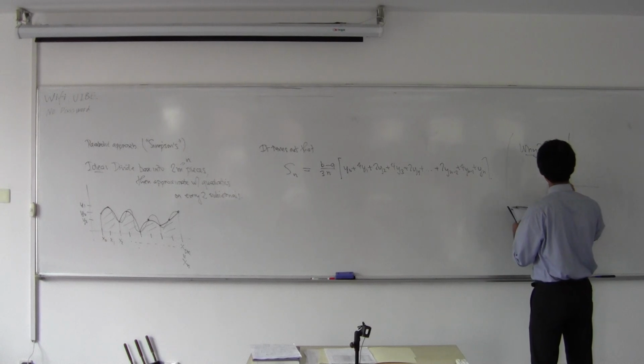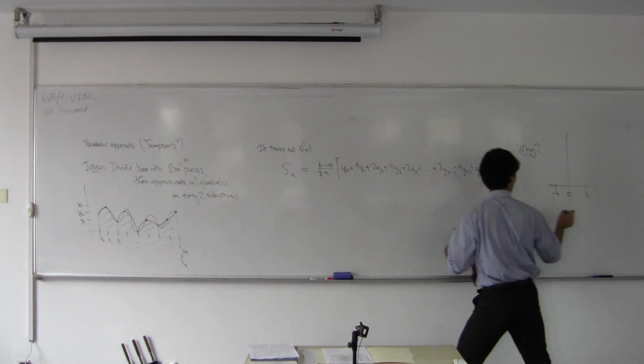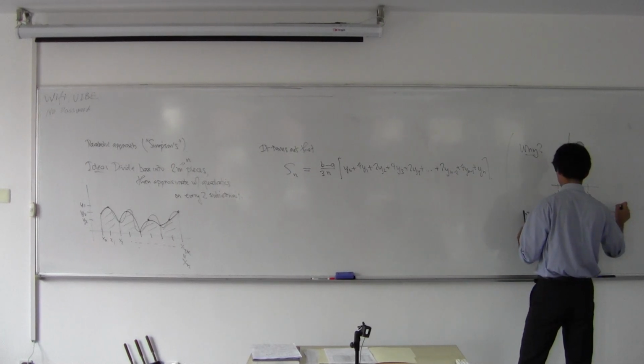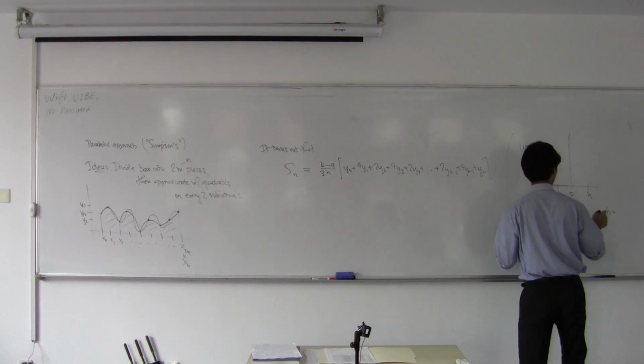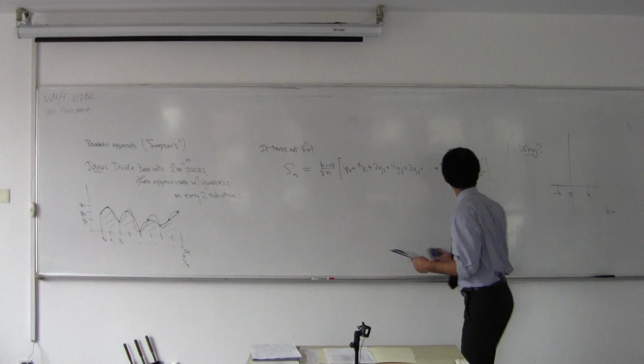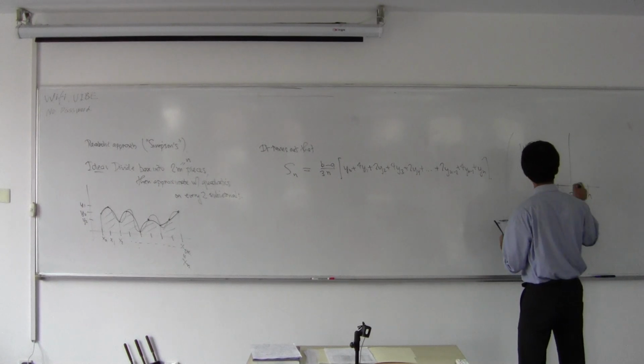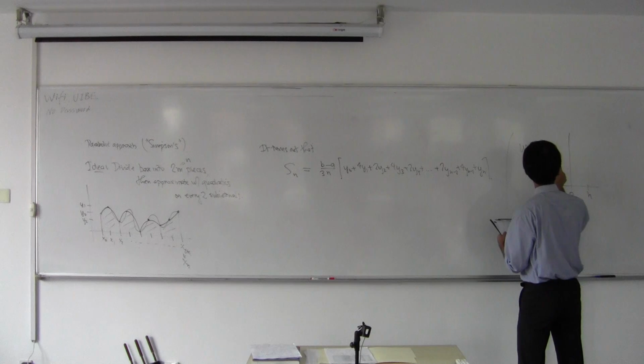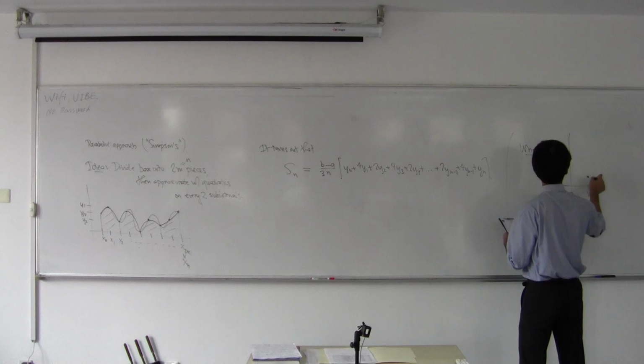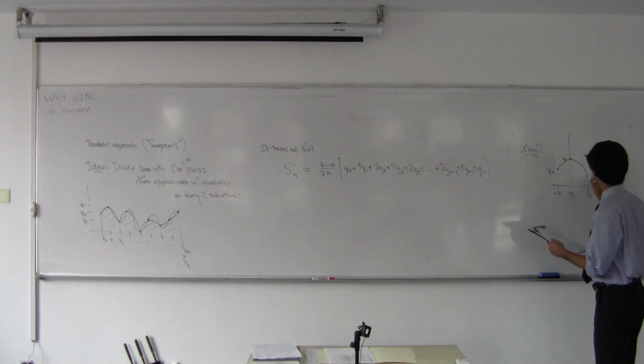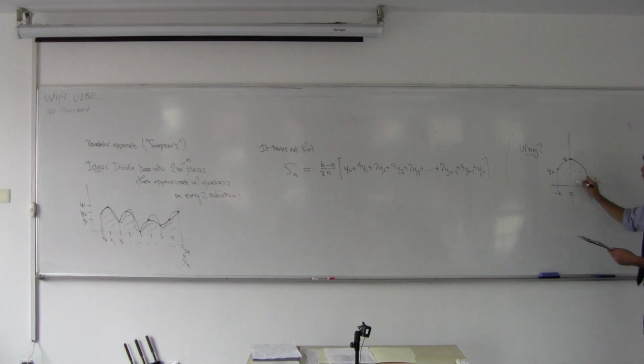If you have a parabola that looks like this, with points at negative h, 0, and h, where h is just some length, and you have heights y naught, y1, and y2, and you make a parabola that goes through them like this.